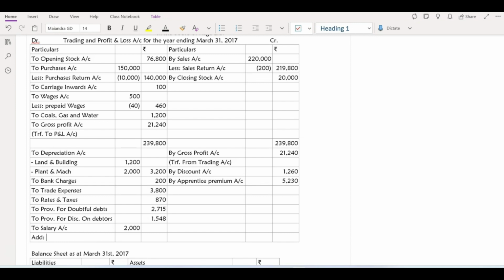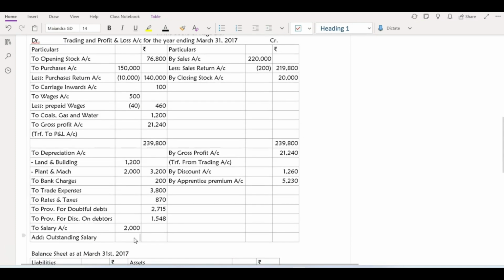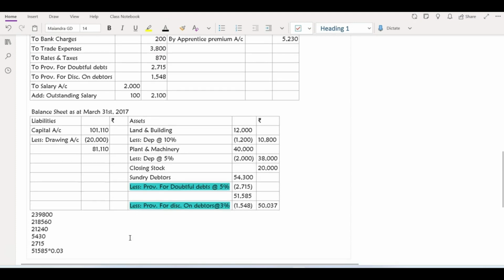What happened? Outstanding salary, how much it was? 100. So outstanding salary, this salary was supposed to be paid during the year. It has been not paid, but this is our current year expense. So therefore we are adding it, and this outstanding salary will be written here. I'm leaving one line for sundry creditors and then writing.